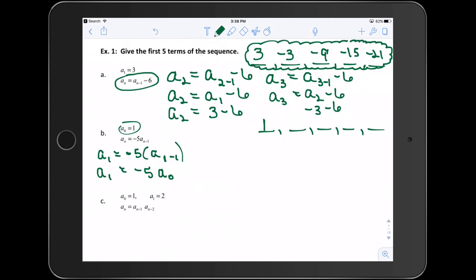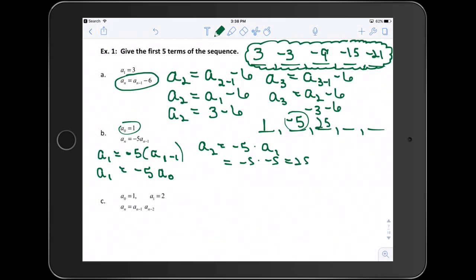So we're going 1 times negative 5, which is negative 5. And again, you can keep doing this algebraically. A sub 2 equals negative 5 times a sub 2 minus 1, which is my first term right over here, which is going to give me negative 5 times negative 5, which is 25. So what are we doing each time? We are multiplying by negative 5.